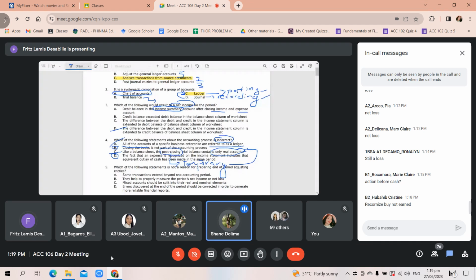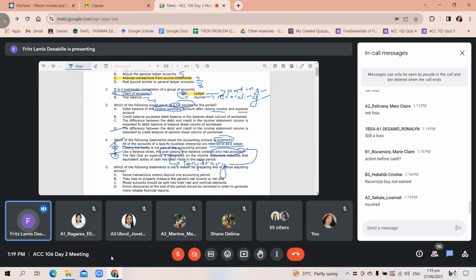Revenue is recognized when earned, sir, and not when cash is received. In the expense perspective, it is an expense recognized but not yet paid.